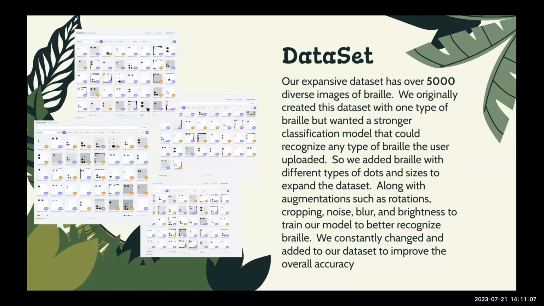So we wanted to have a stronger model, and so we added more images of Braille with different dot sizes and different types of dots to expand the data set, and augmentations such as rotations, cropping, noise, blur, and brightness to help train our model to better recognize Braille. And we were constantly changing it to help improve the overall accuracy.